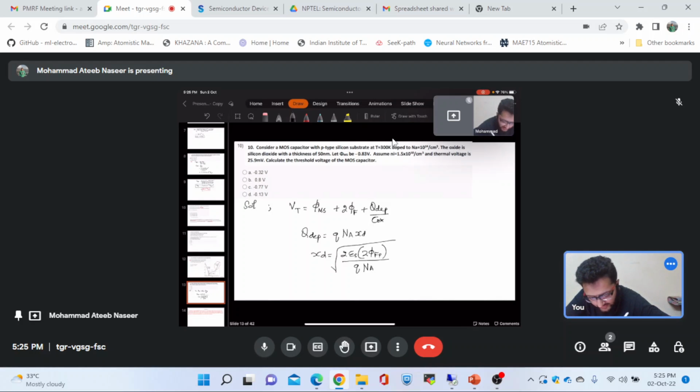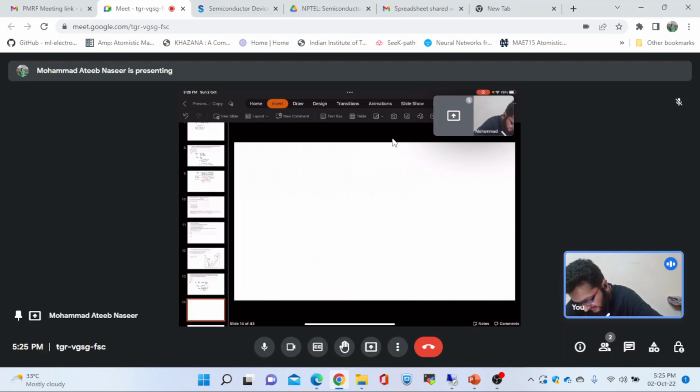Now let me find this phi f. Simply let us find this phi f. This phi f will simply be equal to Vt, where this Vt is the thermal voltage, ln of Na by Ni.